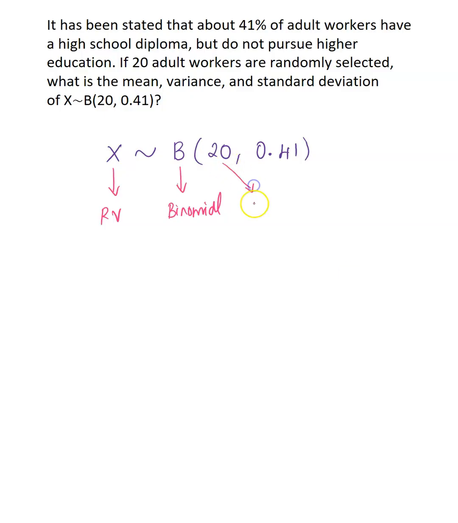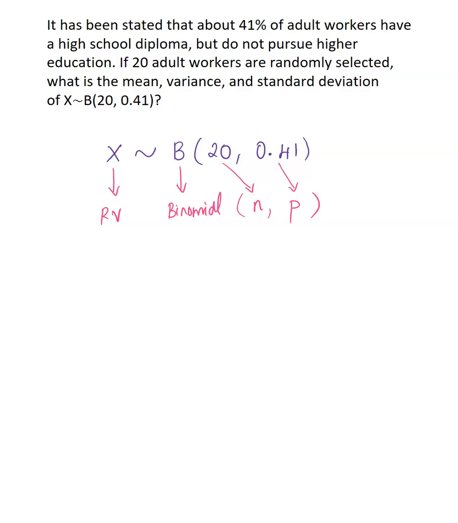And this 20, the first one, the order also matters, right? So that's going to be N, comma, P. So 20 is your N, makes sense. 20 trials, 20 times you do the experiment. And P is the probability of success, so it must be a value between 0 and 1, so that's 0.41. Perfect. So we've got the meaning of what this x follows.